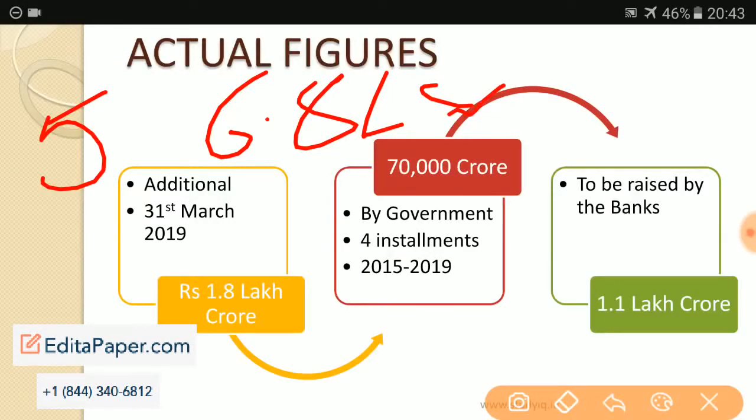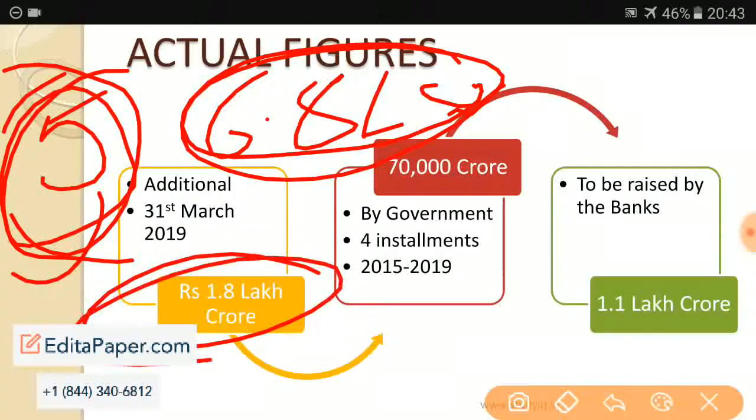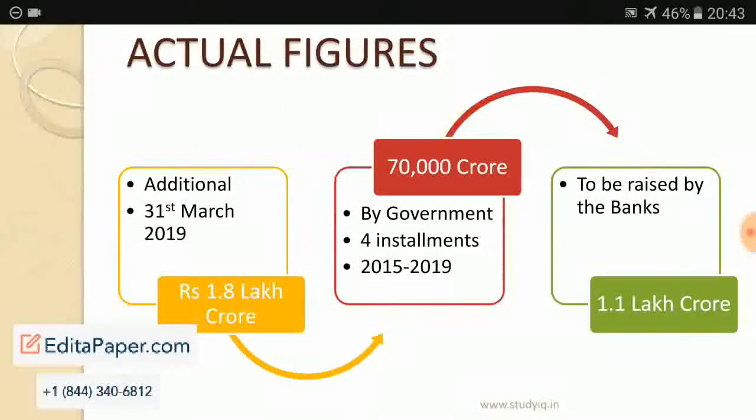This is the capital base that we need to maintain under the Basel III norms. So we need to maintain a 6.8 lakh crore capital base, and currently we have only 5 lakh crores. So as far as the Basel III norms are concerned, we need an additional 1.8 lakh crores.